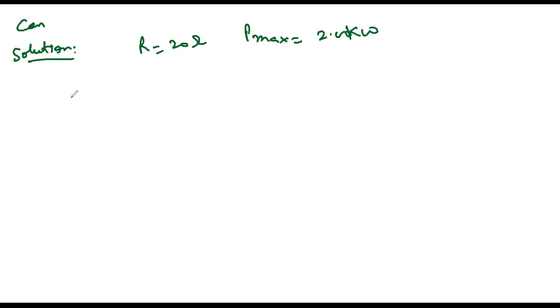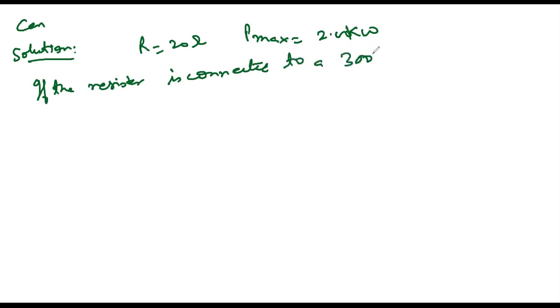If the resistor is connected to a 300 volt DC source, power dissipated is equal to V square by R.